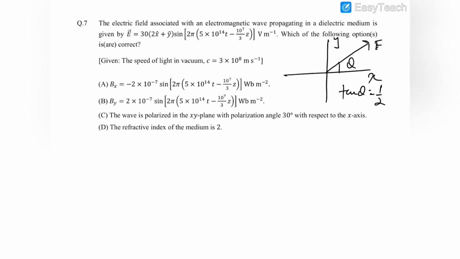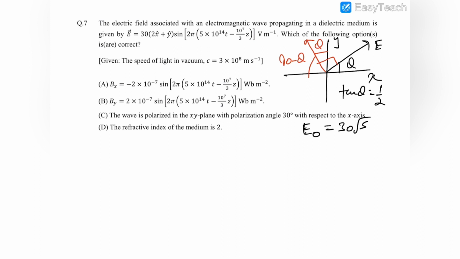The peak value of the electric field is 30 root 5, and we have to find out the equation of the magnetic field first of all. You can see that the magnetic field is always perpendicular to the electric field. So this would be 90, and this angle would be 90 minus theta. So this angle would be equal to theta.